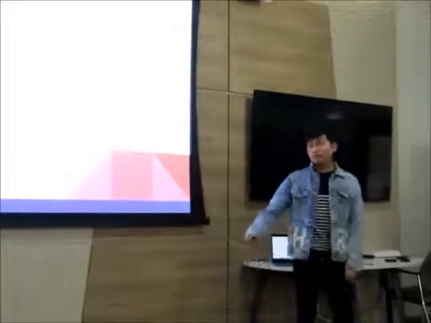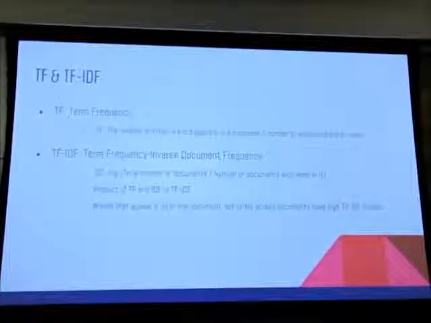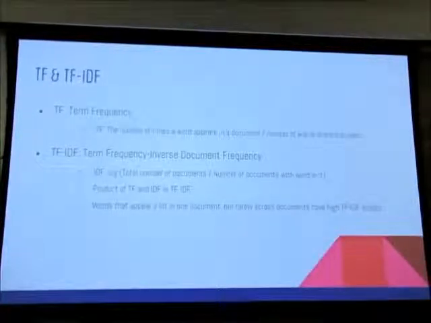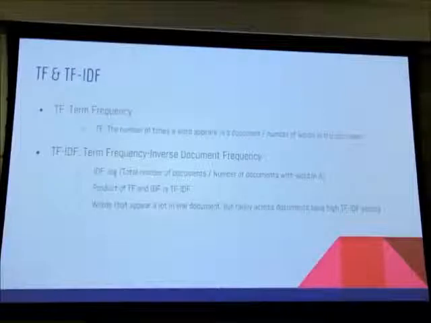Here, TF and TF-IDF are the most fundamental ways to convert the data set. TF refers to term frequency, and the idea is pretty simple: just counting how many times a word appears in each document, and representing the documents as a matrix of word counts. IDF means inverse document frequency, and there is a formula to calculate it.